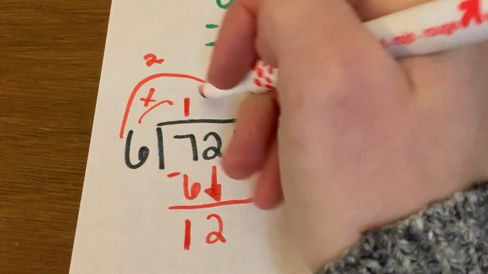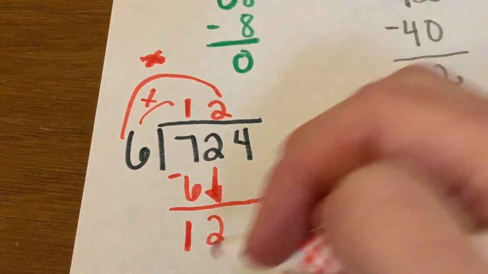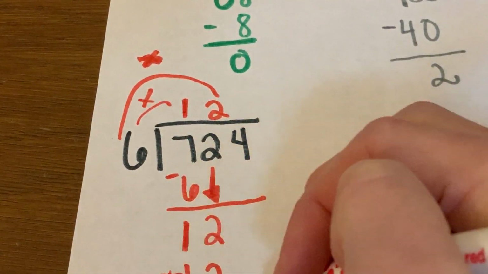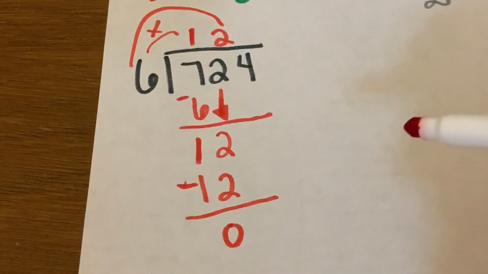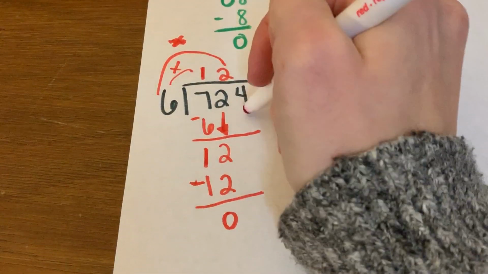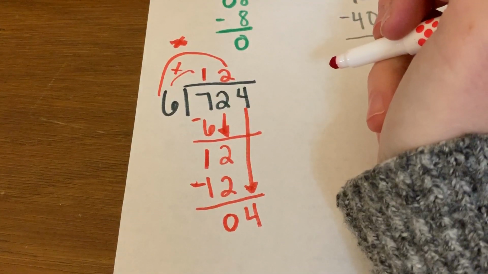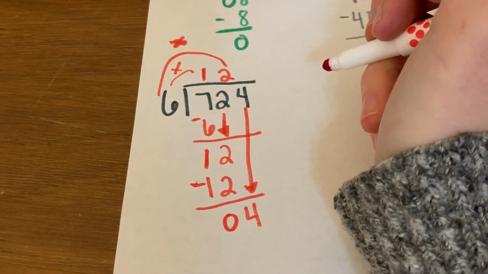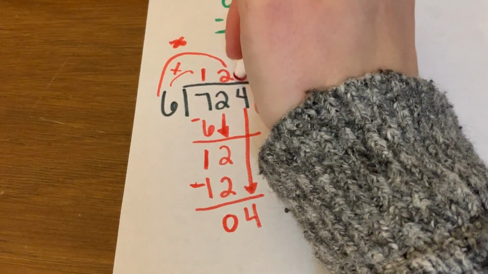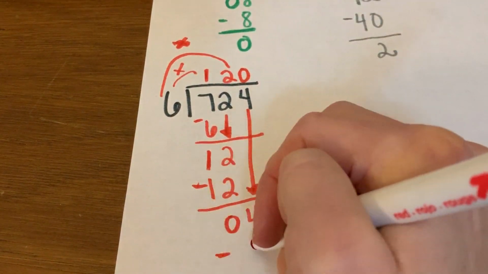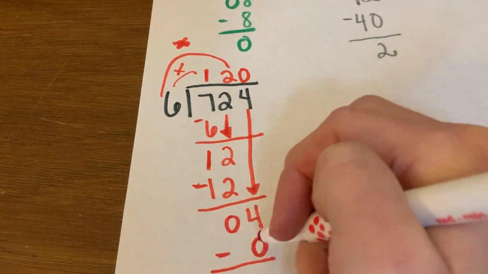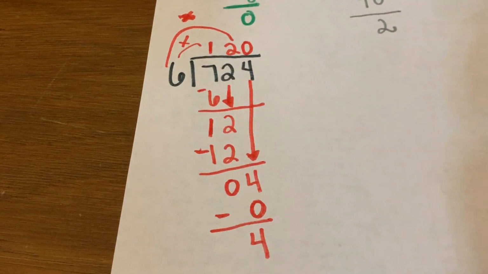6 times 2 gives me 12. Subtract 12, and I have 0. Okay? Now I'm going to bring down my 4. 6 times what gives me 4? Oh, nothing. So I do have a 0 here, and I'm going to subtract 0, and I have 4 left over.